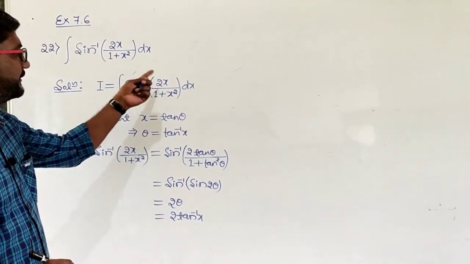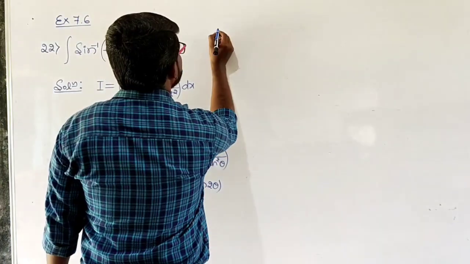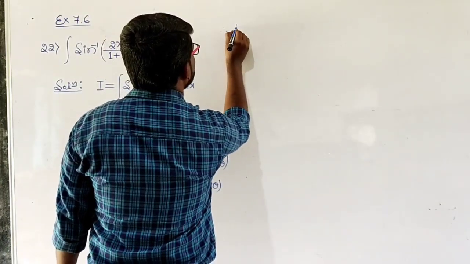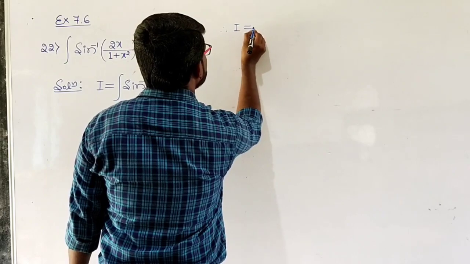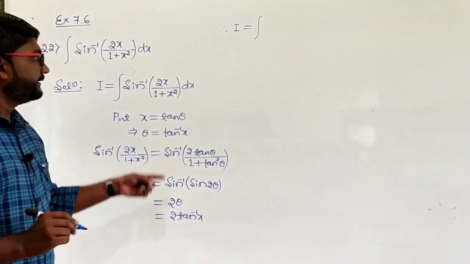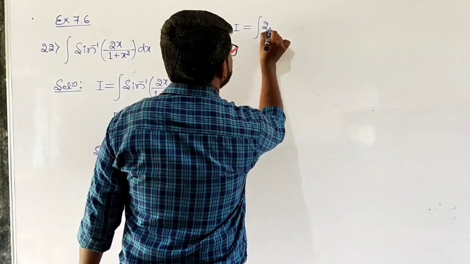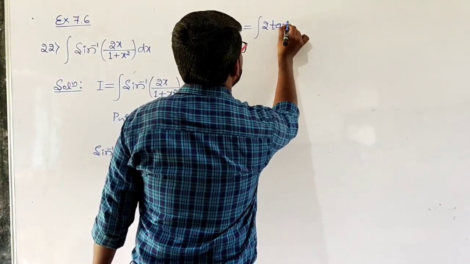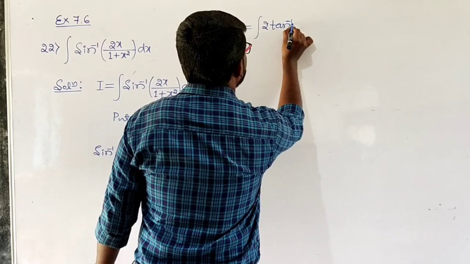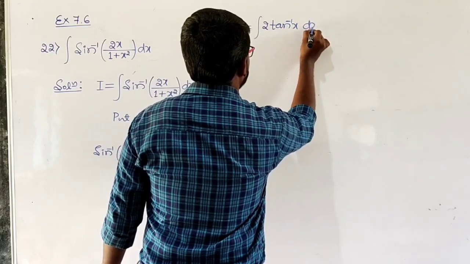Now rewrite the integrand. Therefore I is equal to integral, in place of this I can write 2 tan inverse x dx.